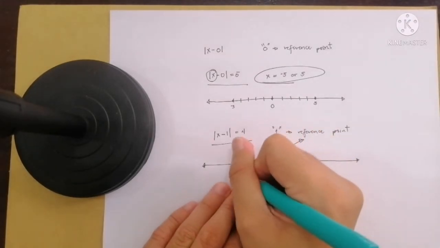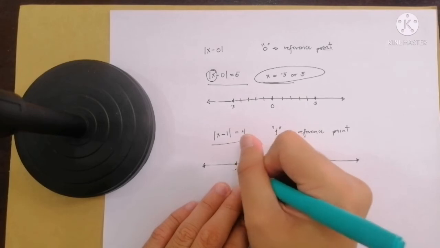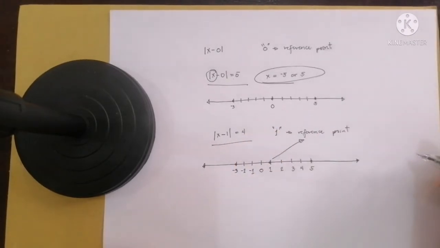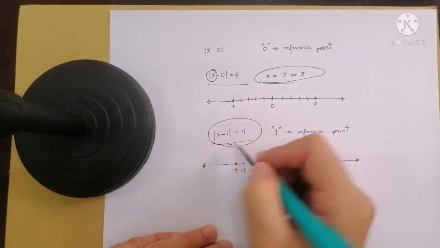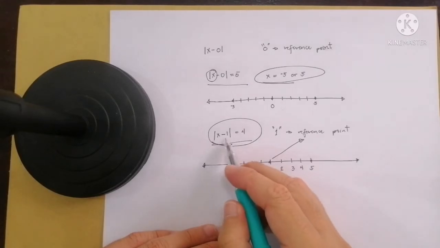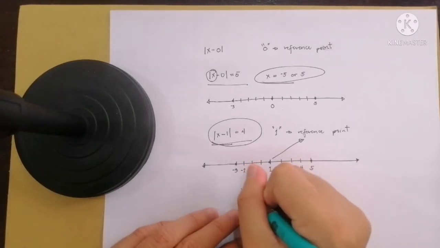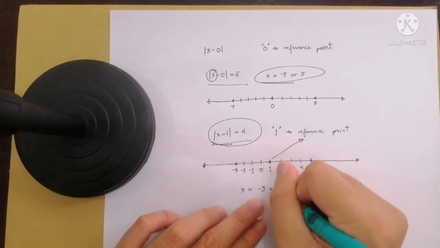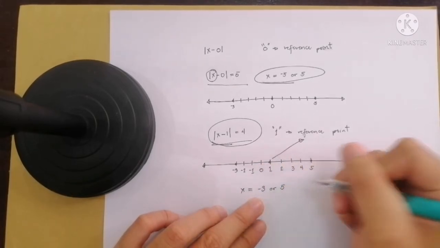Susunod, negative 3. Okay? So ibig sabihin po, the numbers that represent x on the mathematical notation, the absolute value of a binomial x minus 1 is equal to 4, are negative 3 and 5.